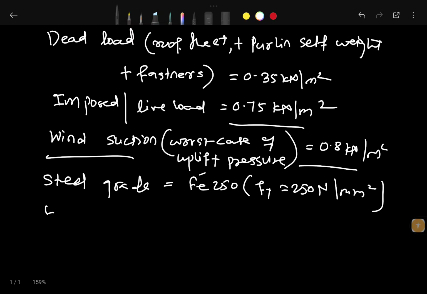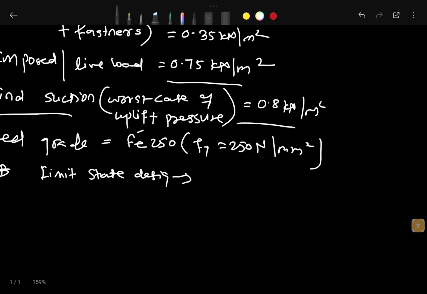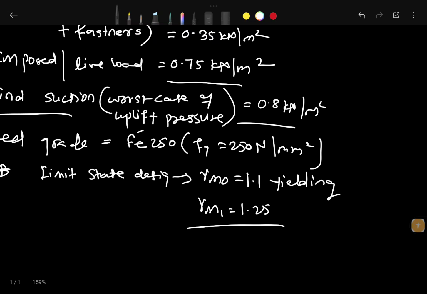And limit state design: we use partial safety factor gamma m0 is equal to 1.1 for yielding, or gamma m1 is equal to 1.25 for ultimate.